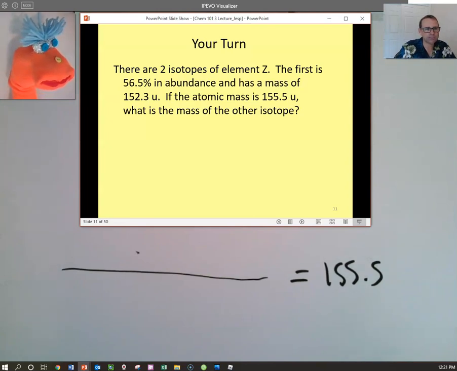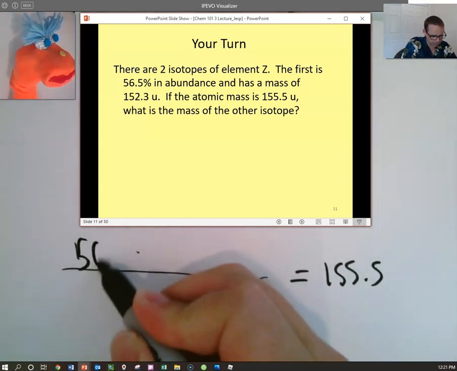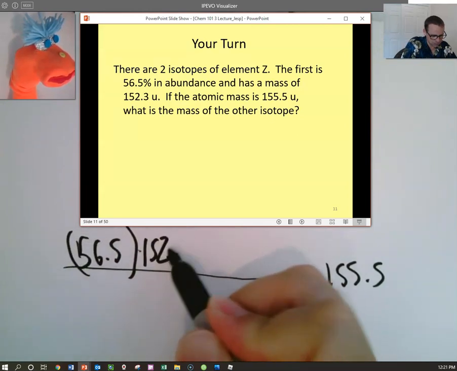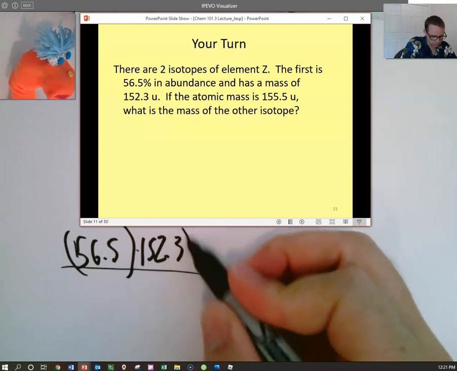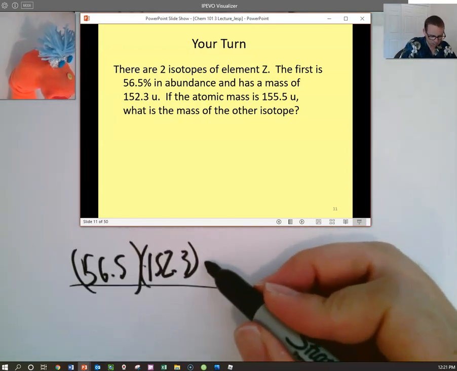So what do we do here? Well, you take the 56.5% and you multiply it by the 152.3. Like that? Yeah. And now what's the other part?